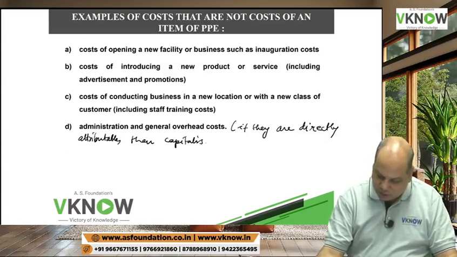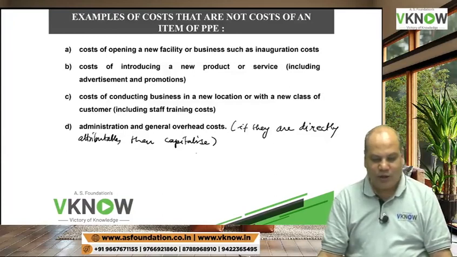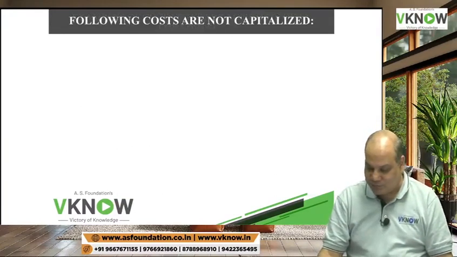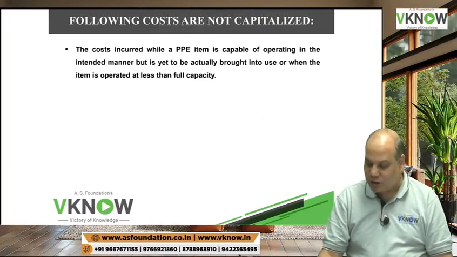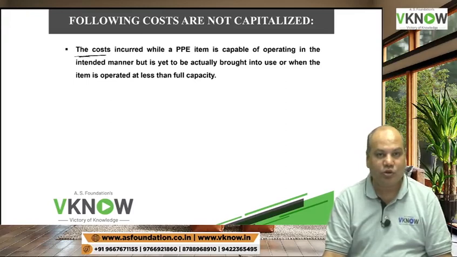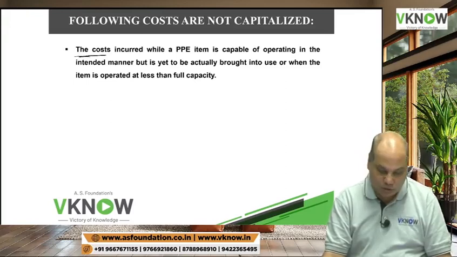If they are directly attributable, then capitalize. Okay. Following costs are not capitalized. So why I am telling you, because after some minutes I will give you some question and you have to check whether those costs need to be capitalized or not.